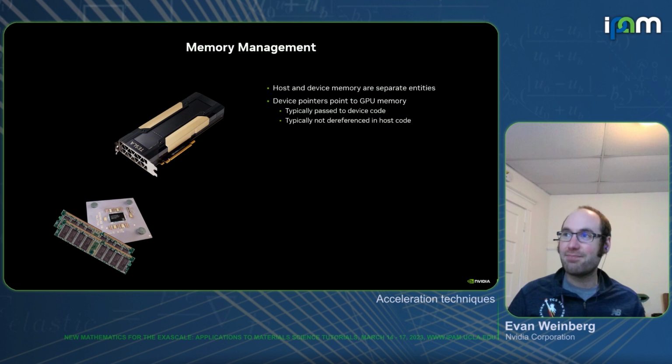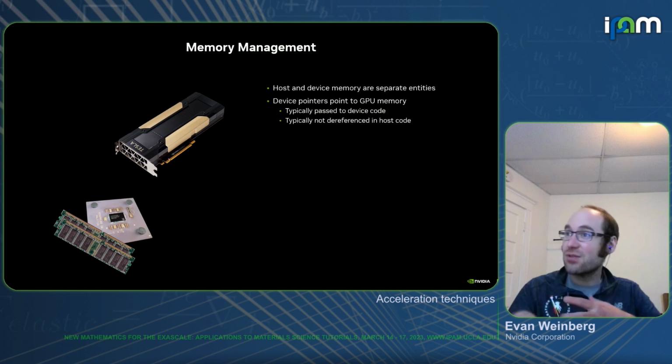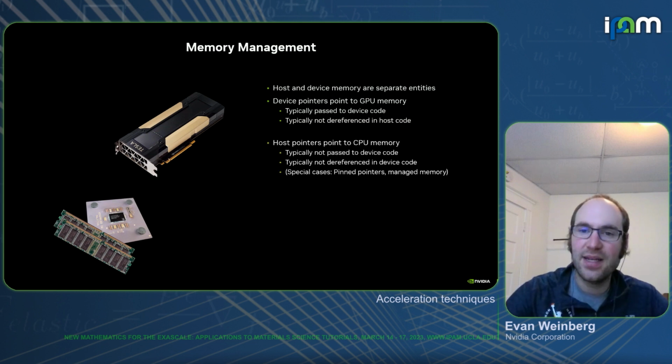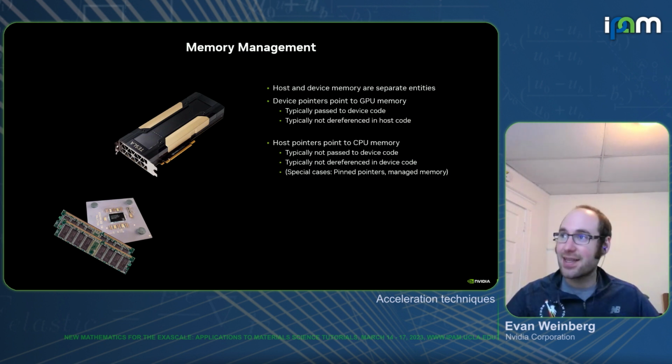So you have different pointers or references to memory locations. There are device pointers that point to device memory, and you generally don't touch them from the CPU, with exceptions that are becoming more and more prominent more recently. And likewise, you have host pointers that point to CPU memory, and you're not accessing them from your GPU device.